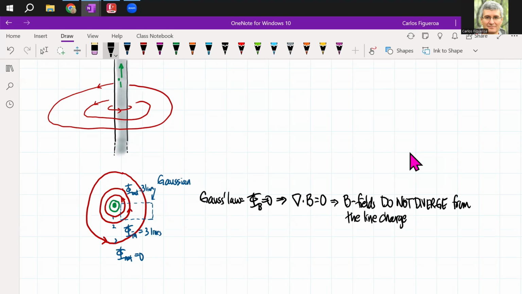However, del cross B is not equal to 0 because we know that there's an enclosed current, which means that magnetic field lines do curl back into themselves.